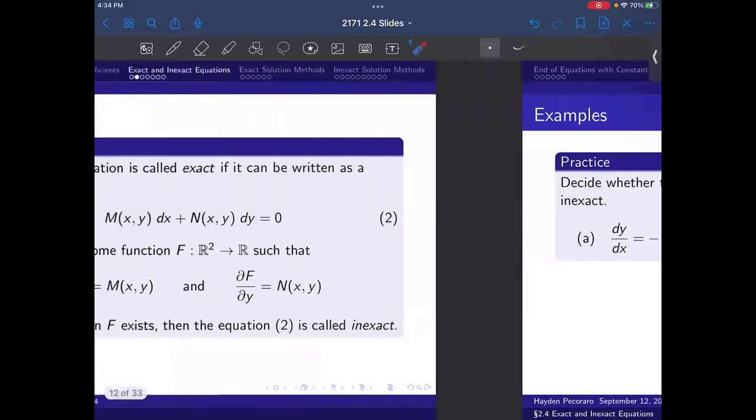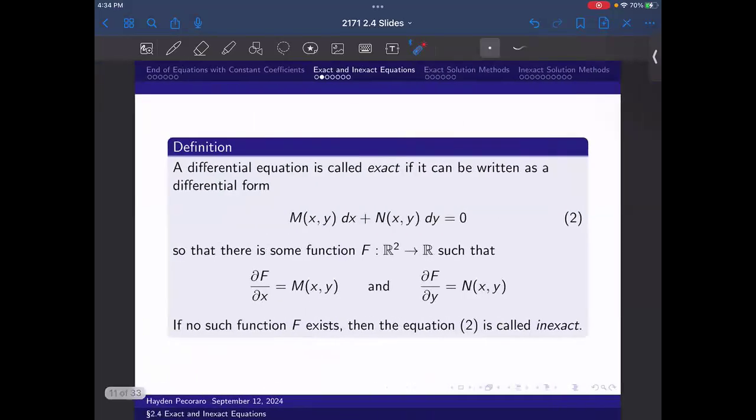So I'll go back to the previous page now, and you see if you can use that definition to figure out whether those differential forms are exact or not. It just means that there has to be some function f whose x derivative is the dx part and whose y derivative is the dy part.